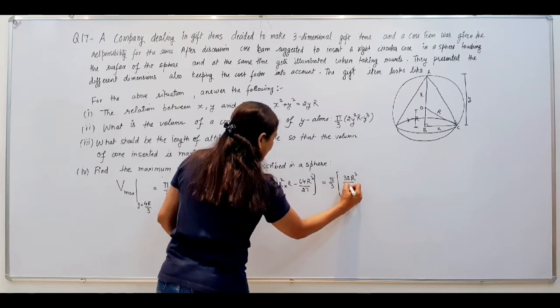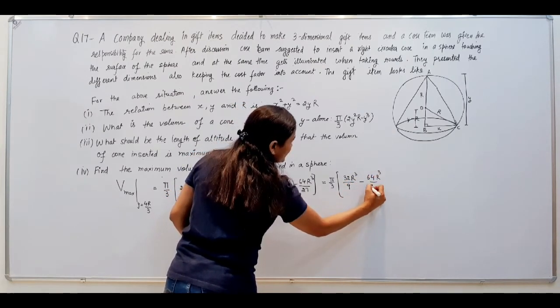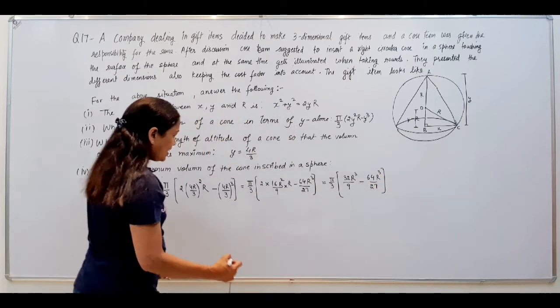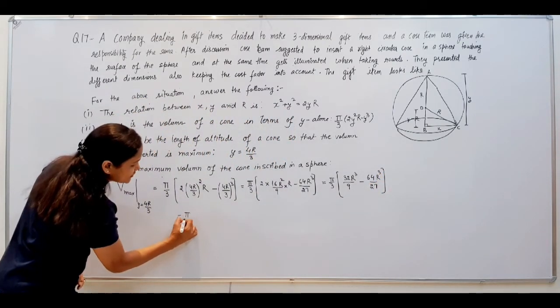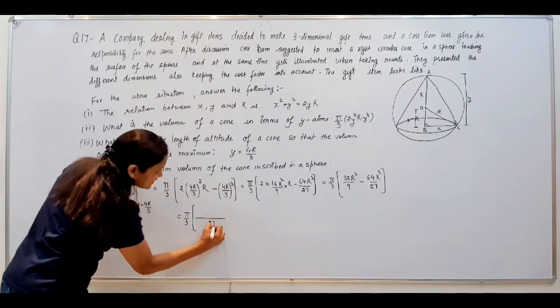32r cube upon 9 minus 64r cube upon 27. Now this will be equal to pi by 3. 27 can be taken as LCM.